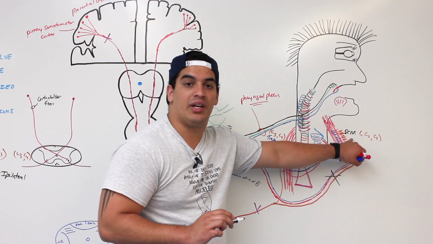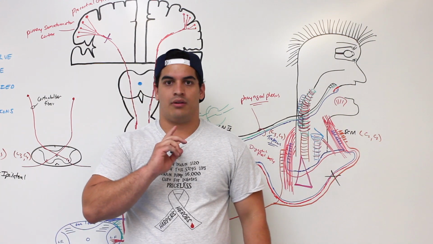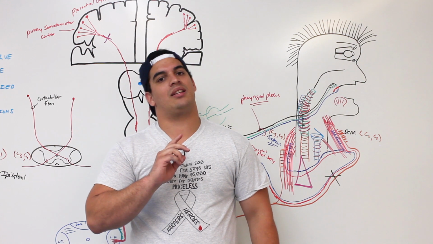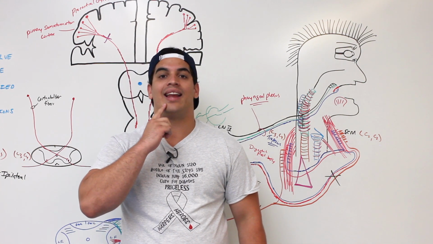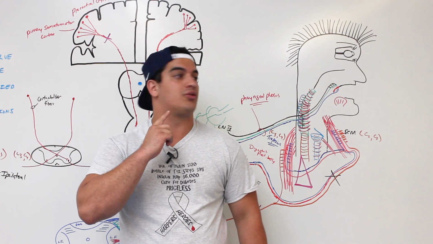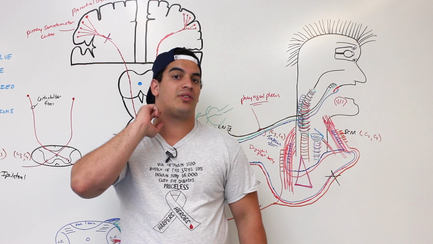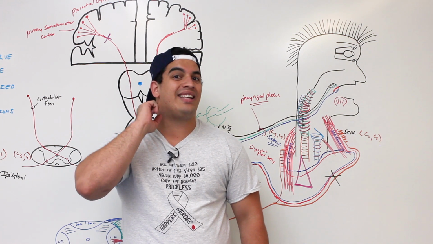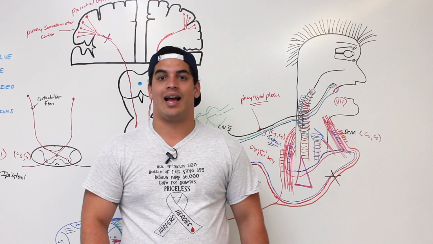I'm going to have SCM weakness. Sternocleidomastoid, what does it do? It's important in flexion and in ipsilateral movement of the neck, but it turns the head to the contralateral side. So if I damage the right accessory nerve going to the sternocleidomastoid, I can't move my head to the opposite side.